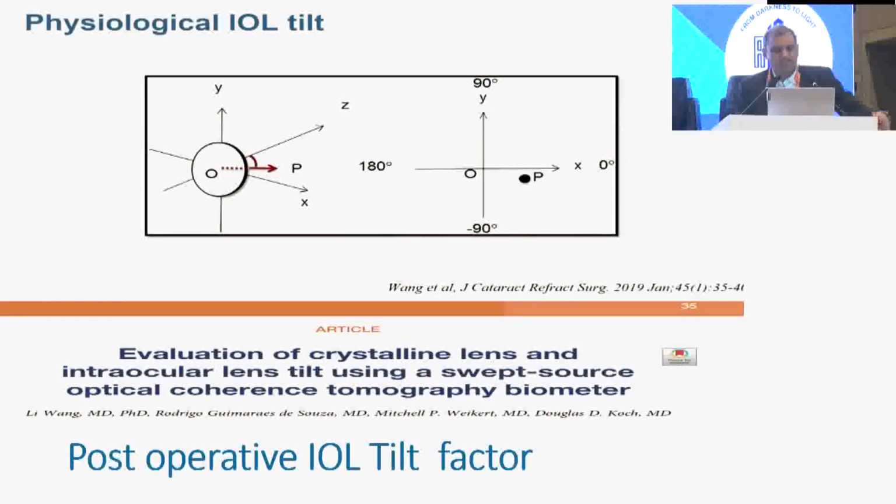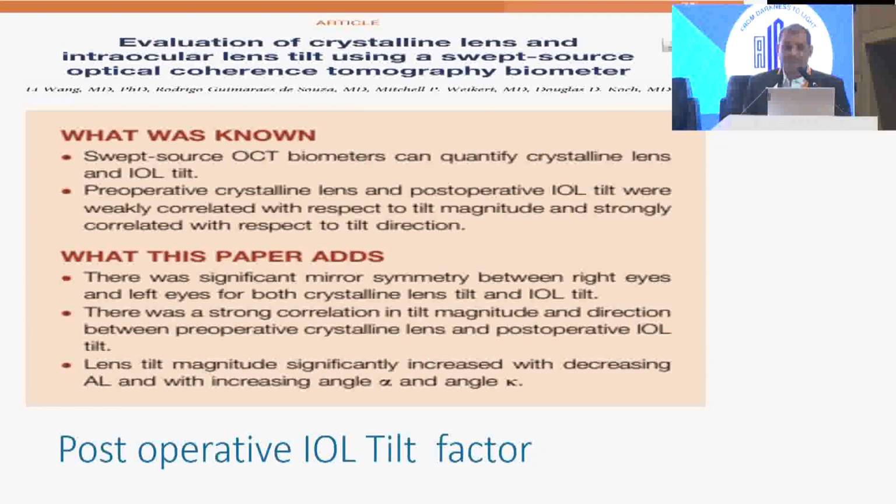Recently, Dr. Douglas Koch and Li Wang published a paper on this physiological IOL tilt factor, and they concluded that there is significant mirror symmetry between the right eye and the left eye for both crystalline lens tilt and IOL tilt. There is a strong correlation in tilt magnitude and direction between the preoperative lens and the postoperative IOL tilt.